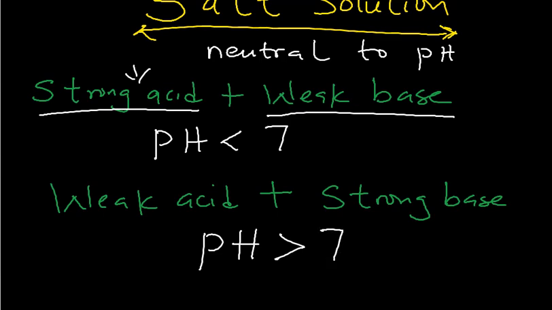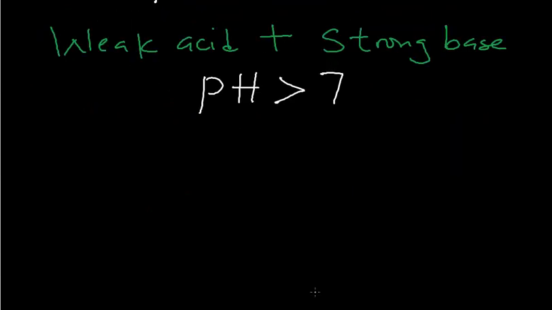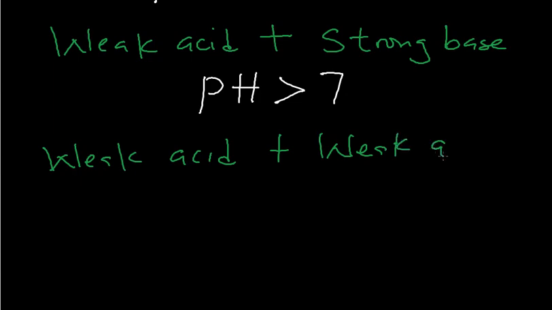But if the two are a weak acid plus a weak base, that means they are of equal strength, and this is the point where you have a neutral solution. So the pH will be approximately 7.